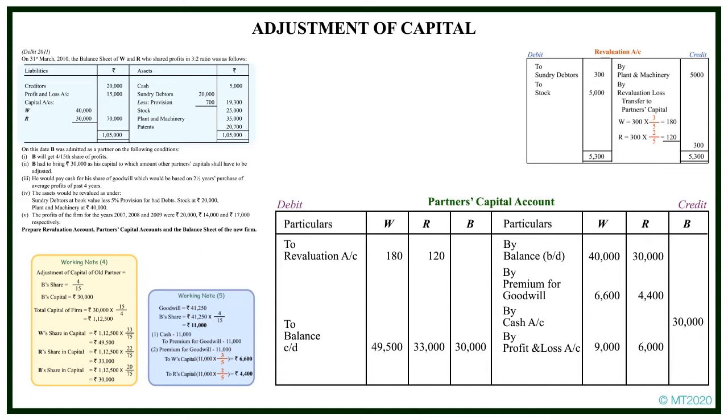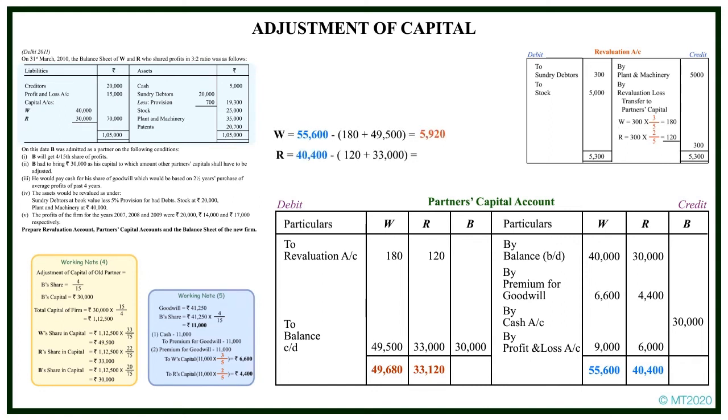On doing the totaling, we see that there is a balancing figure appearing on the debit side of W, 5,920, and similarly for R also a balancing figure appears on the debit side as 7,280. This indicates that the capital of W and R on the credit side is greater than the debit side.